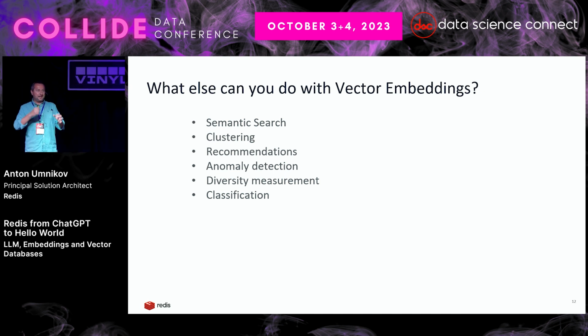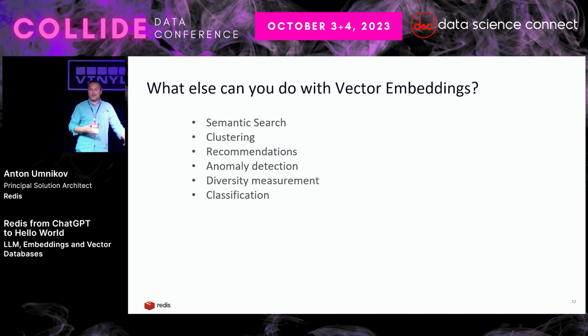I have no idea how exactly, but somehow they turn the gameplay of a particular player into a vector, and they look for outliers. So whatever they do, they solve the problem of identifying cheaters in a multiplayer game using a vector engine. But there are other applications for vector databases totally outside of generative AI as we know it today.